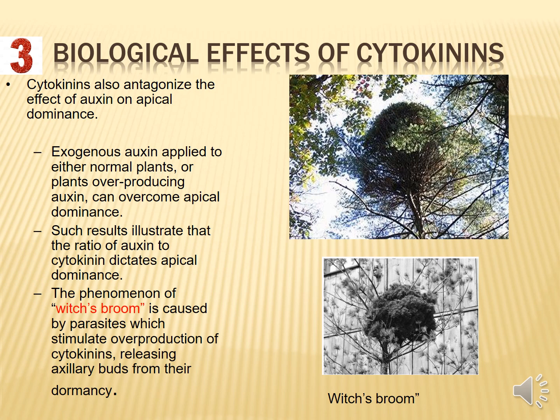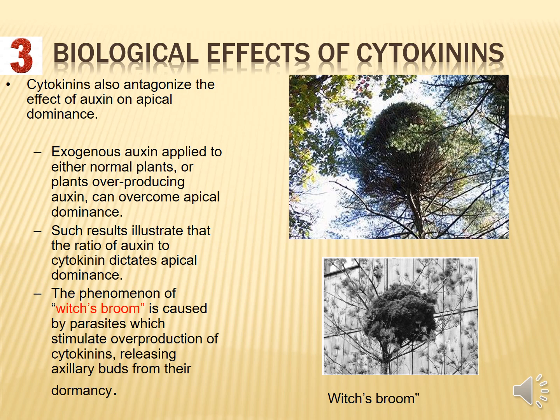This witch broom is when the tree overproduces, or is stimulated to overproduce, the cytokinin. They produce a lot of cytokinin. Because of that, they are releasing the axillary buds from their dormancy.